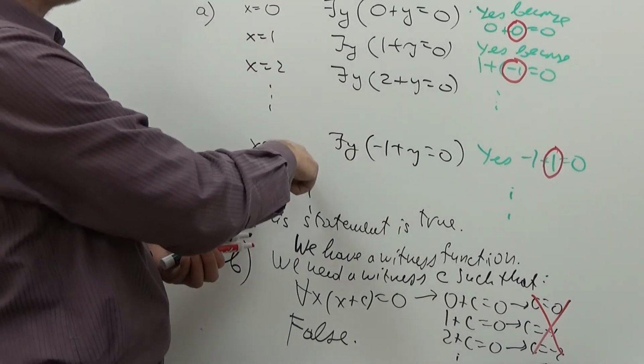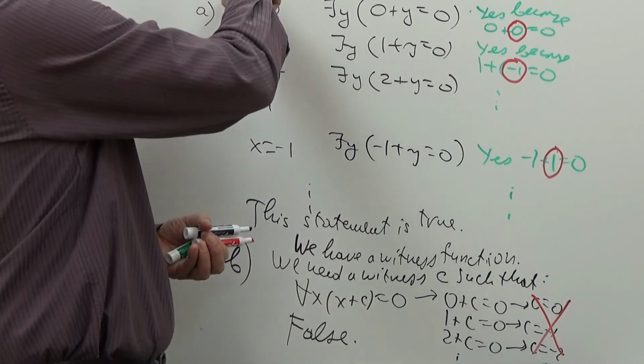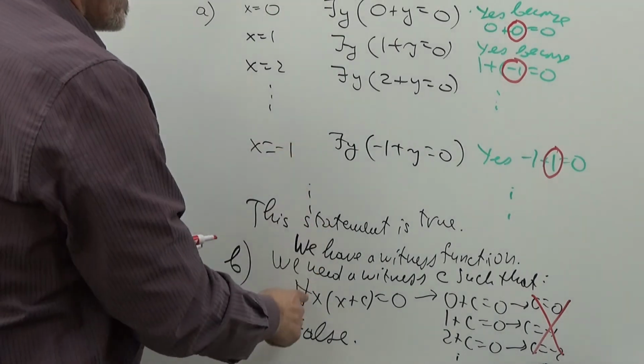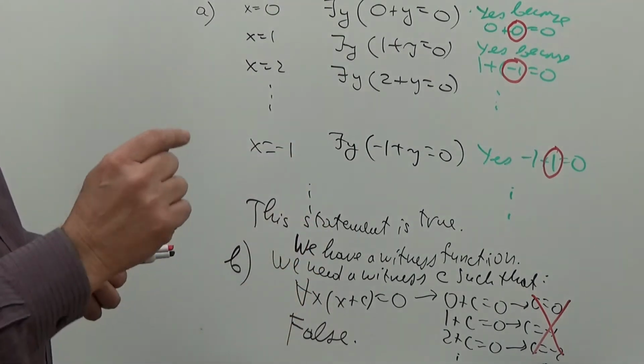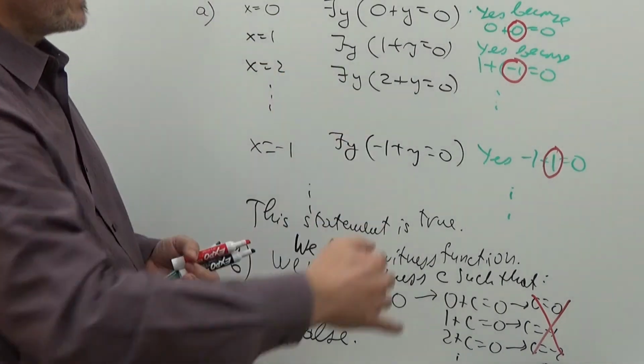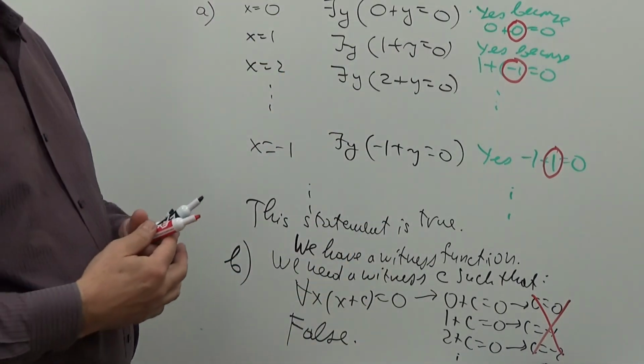When you do it with the existential first, we get one sentence, but then the universal later breaks into infinitely many sentences.